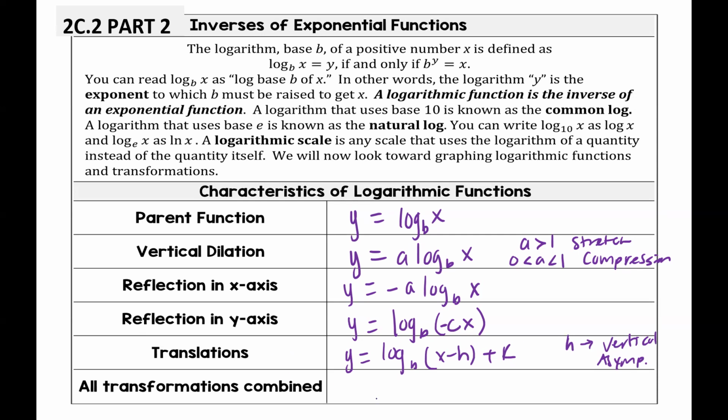So when you put all variables in place, and let's say you have a big transformation take place, it would look like this: y equals a log base b of parentheses c parentheses x minus h, plus k.